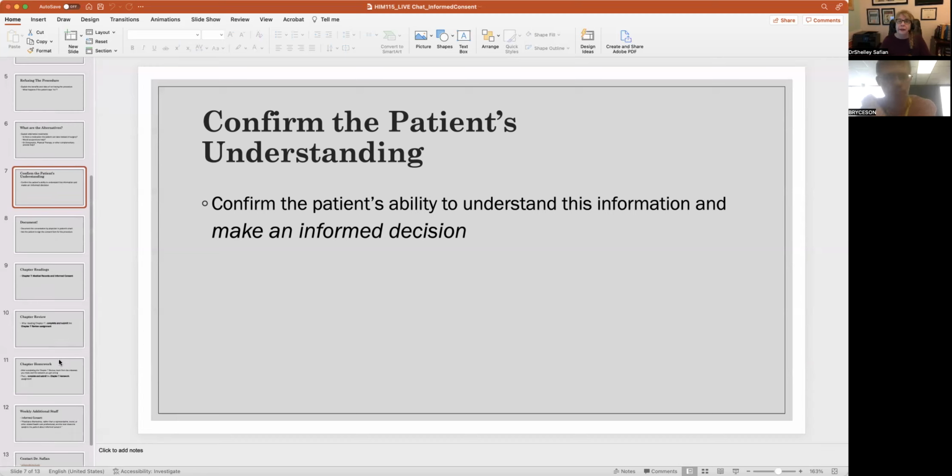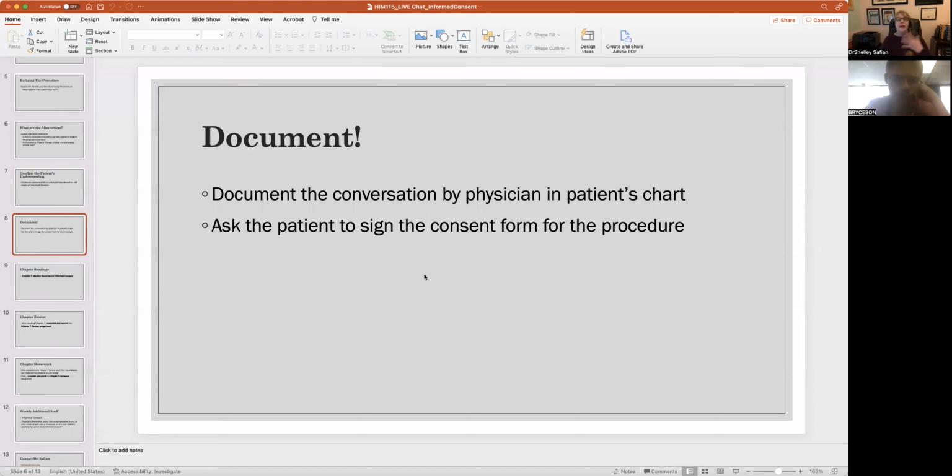Okay, so let's respect the patient. That's what this is about, is respecting the patient. And then everything must be documented so the coders can code. Now, understand that as a professional medical coding specialist, there is no code for informed consent.